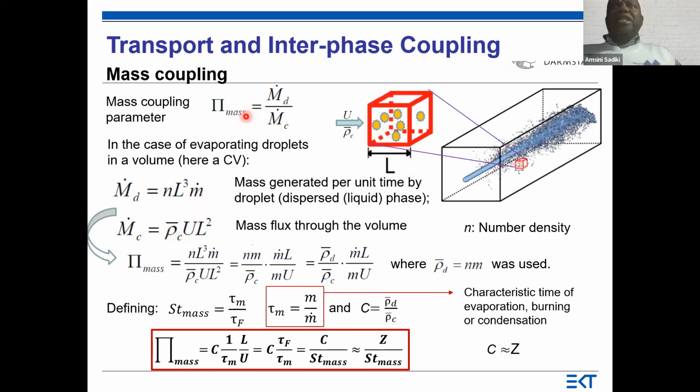The mass coupling is the ratio between both: the mass generated per unit time by droplets divided by the mass flux through the volume, or scaled by the inflow conditions. This coupling can now be written in this form.